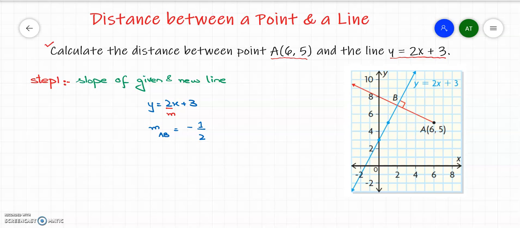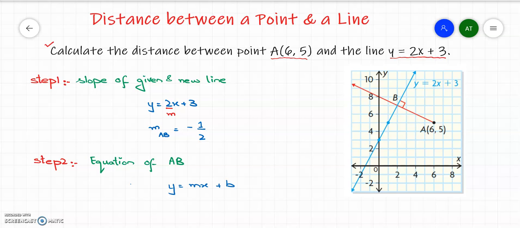Let's move to step 2. Okay, in step number 2, we have to find the equation of the new line, meaning the equation of AB. And we know that the equation of a line in slope-intercept form is y equals mx plus b.